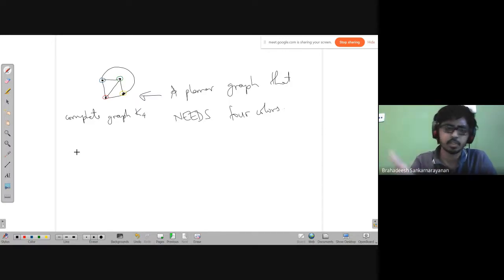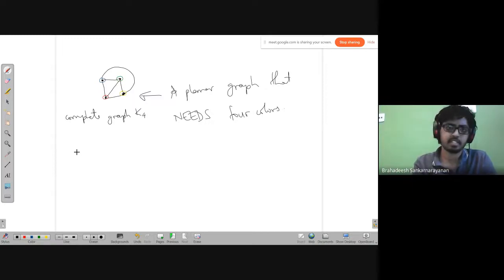In general, of course, Kn, the complete graph on n vertices, will need n colors, because once you color one vertex, it's adjacent to all other n-1 vertices. So all the other n-1 vertices have to receive different colors, and this is true for whichever vertex you color. So you have to have n colors on Kn. But the thing is, Kn cannot be drawn on the plane for n greater than 4.